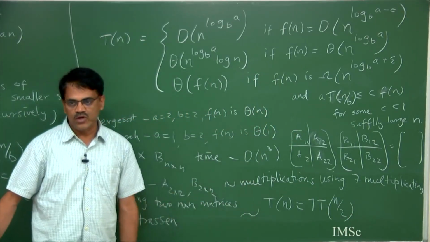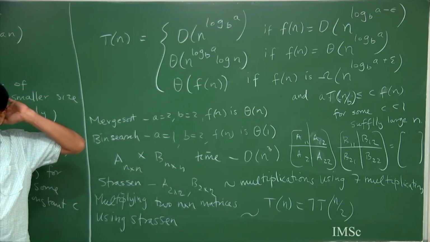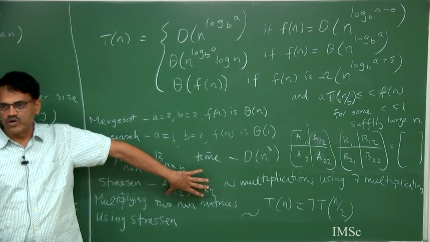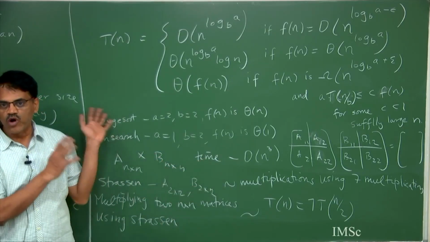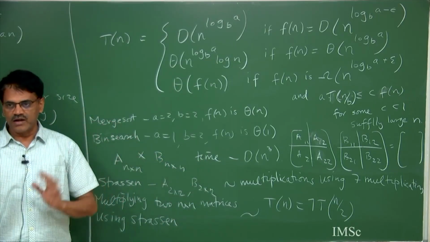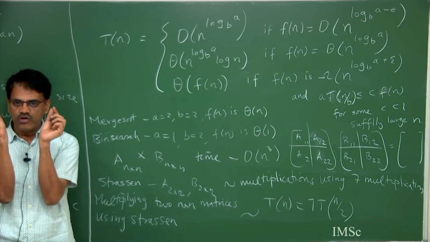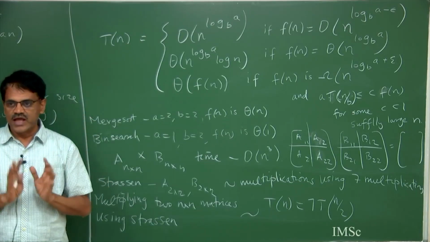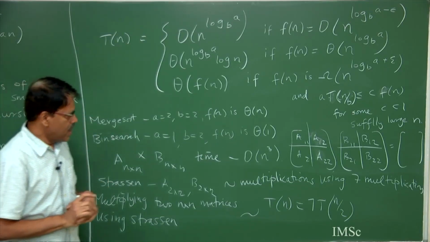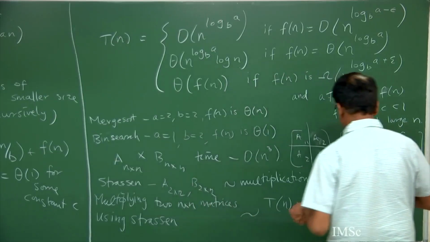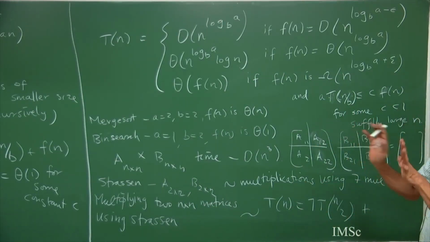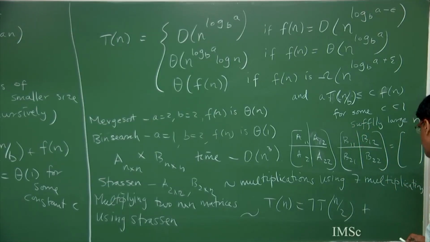What are the 7 n by 2 by n by 2 matrices? The 7 matrices which Strassen came up with to multiply two 2 by 2 matrices. Okay, I haven't told you what those 7 multiplications are, but they are 7 multiplications of your terms here. Okay, you may have to add all that, but still it remains an n by 2 by n by 2 matrix. And then you put them all together, which will require a constant number of additions of matrices of size n by n. So the whole thing will take some n square time.